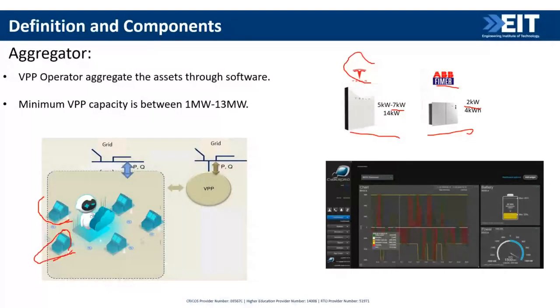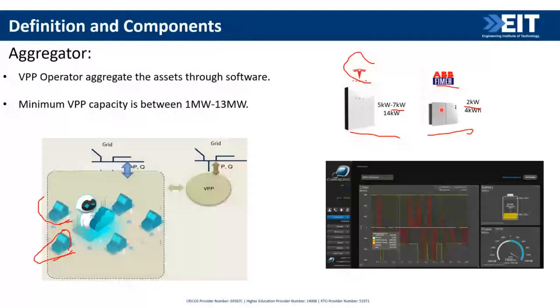So a house battery with such a small capacity cannot be a power plant, because the capacity of a power plant should be at least 1 megawatt.